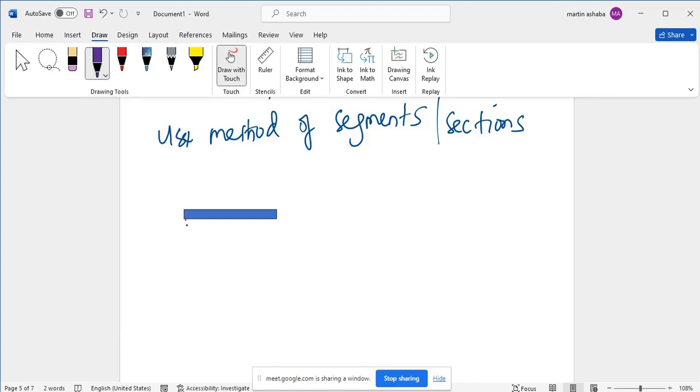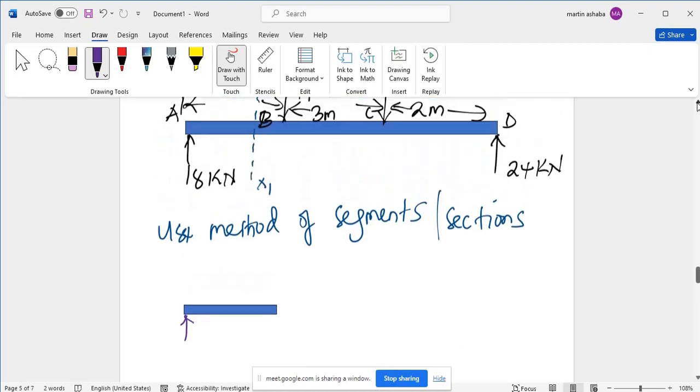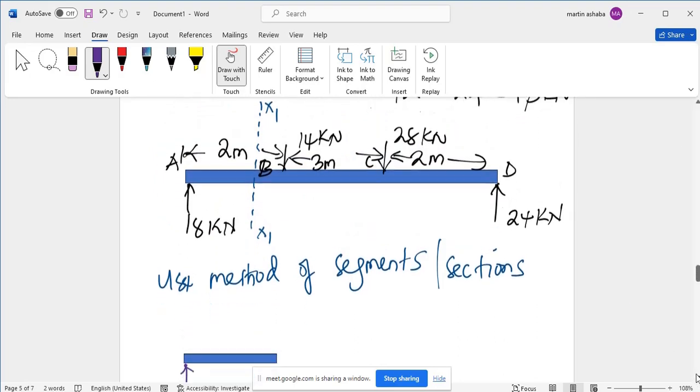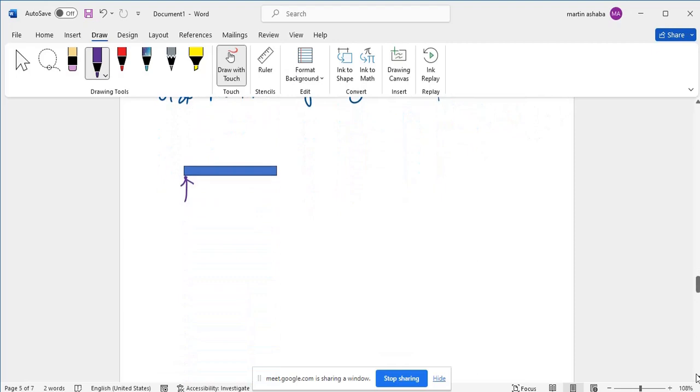Remember, I have a force here which is already calculated, and that is AY, which is 18 kilonewtons. Then this is A. This was my section, section x1.